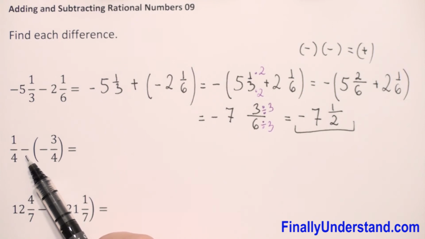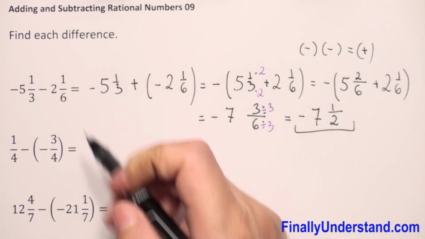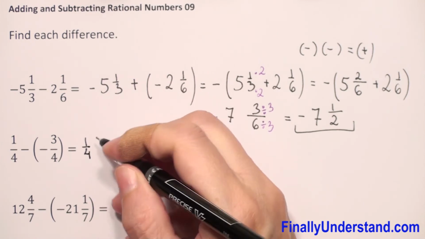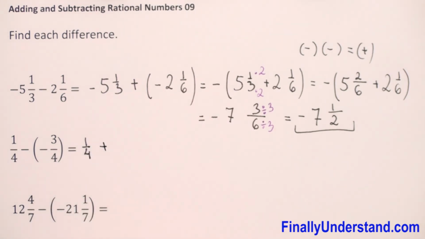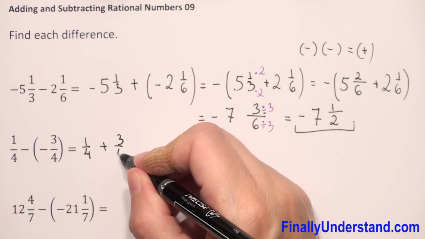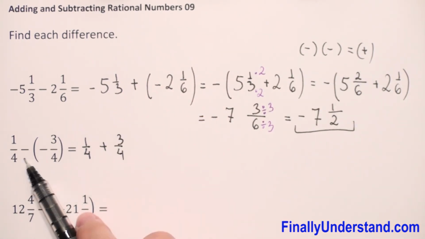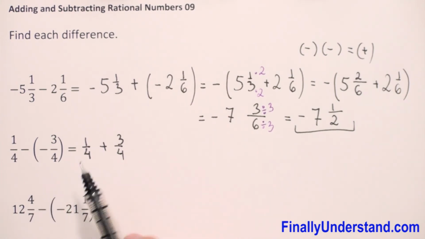So we change subtraction to addition of the opposite number. The opposite of negative 3 over 4 is 3 over 4. So the first fraction we copy, and the negative sign we change to positive. Or you memorize this: negative and negative is positive. So two negative signs give you positive.